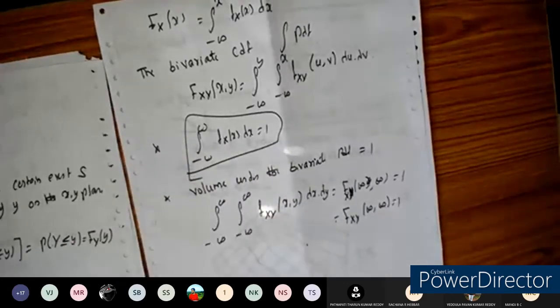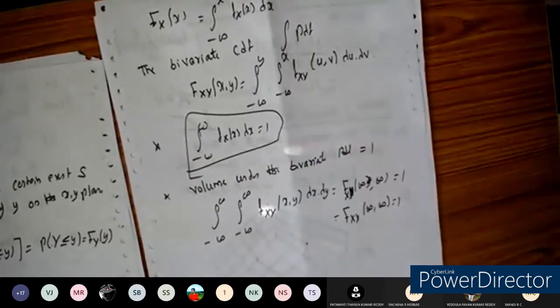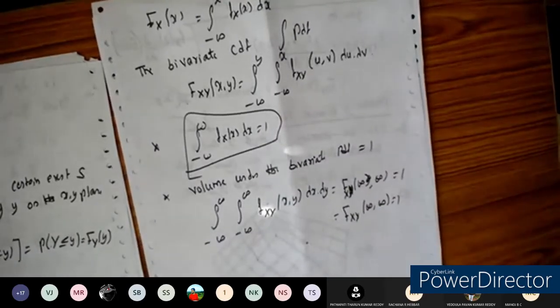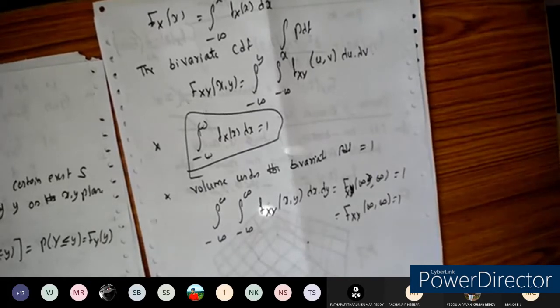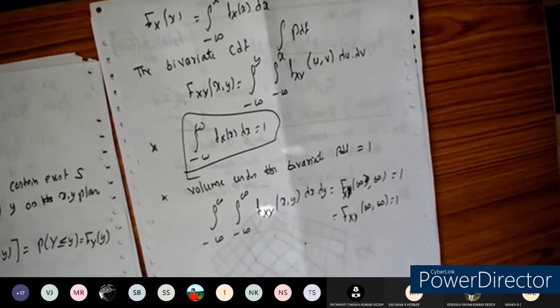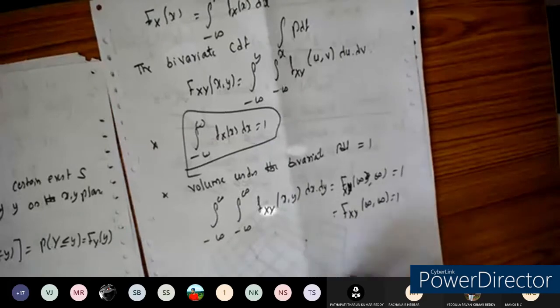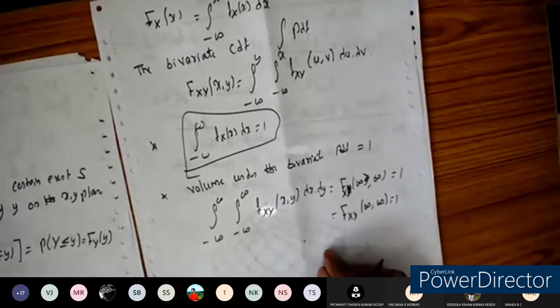As we have seen the proof of this in the CDF in the case of a single random variable, the same way here also we can recall that. This is one of the properties of the PDF, which we extend here and consider as the volume. We call it bivariate because there are two random variables.